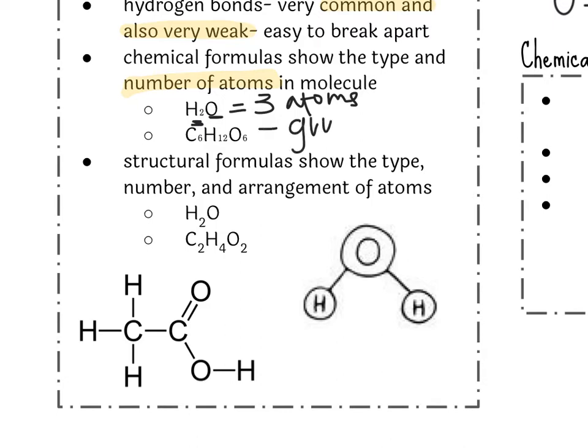That is glucose, which is a very important sugar that we will talk about plenty. You will be so familiar with glucose. But it has 6 carbons, 12 hydrogens, and 6 oxygens. So it has 24 atoms.